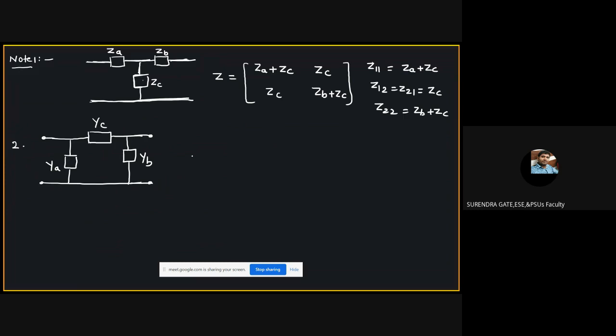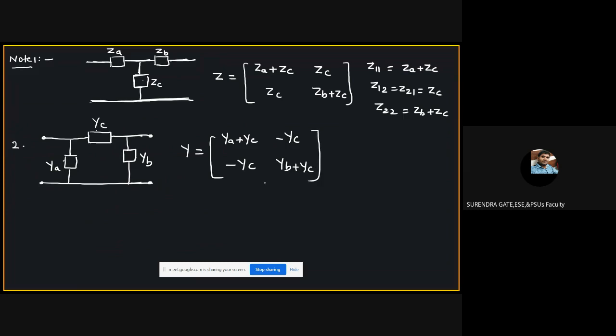Y parameters are calculated by short-circuiting the input and output ports. Here they are YA plus YC, minus YC, minus YC, and YB plus YC. Don't add the impedances directly; add admittances.